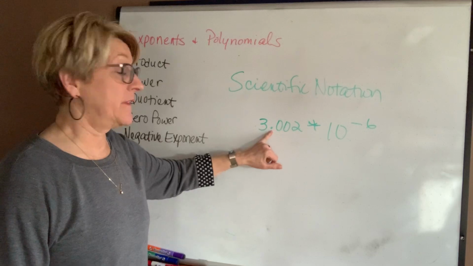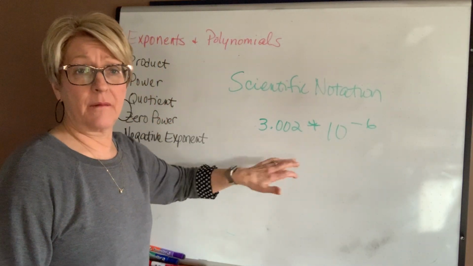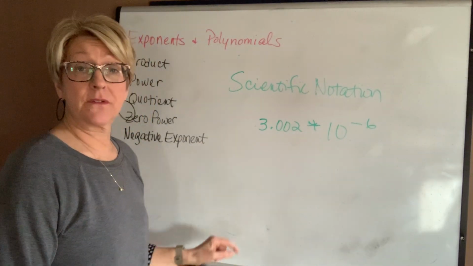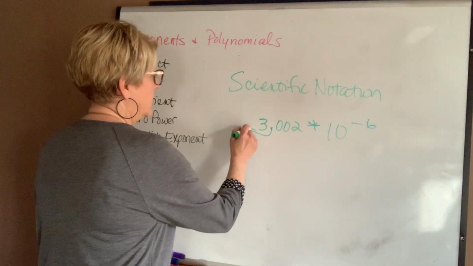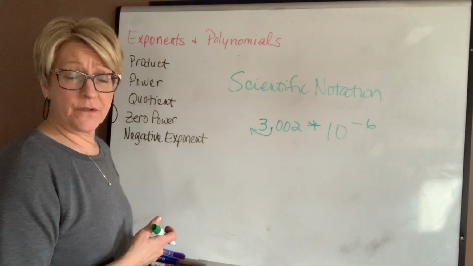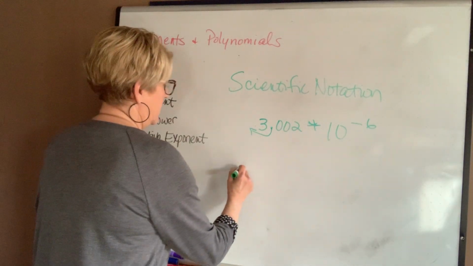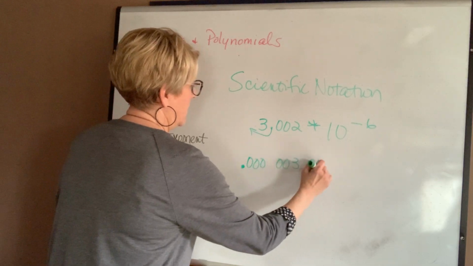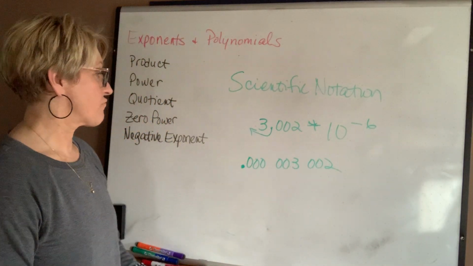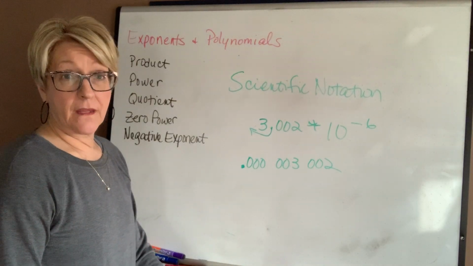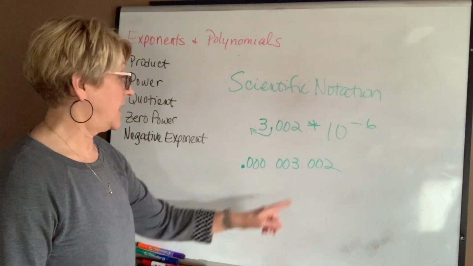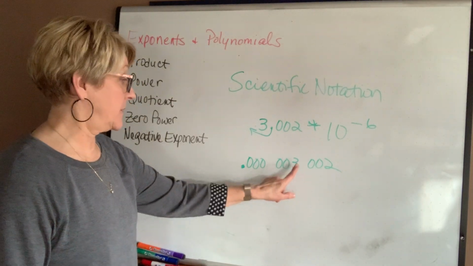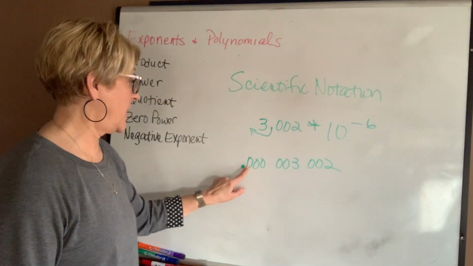Which means I'm not moving this decimal right, I'm moving this decimal left. How many times? 6 times. Here's one. I've got to put 5 zeros in front of this number. I'm going to check myself. I started right here. Moving to the left 6 times. 1, 2, 3, 4, 5, 6.